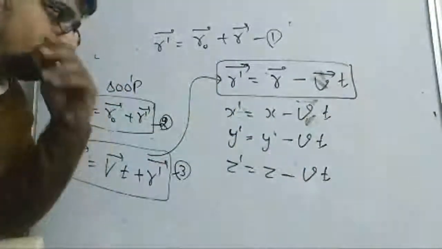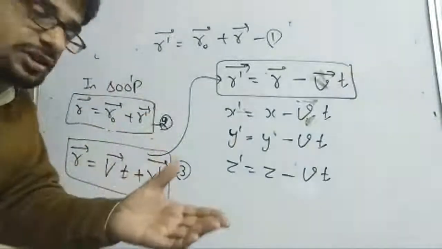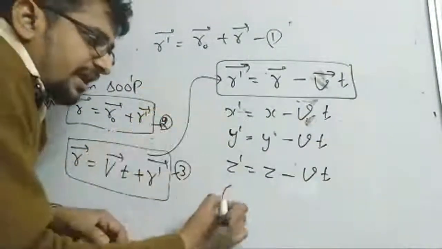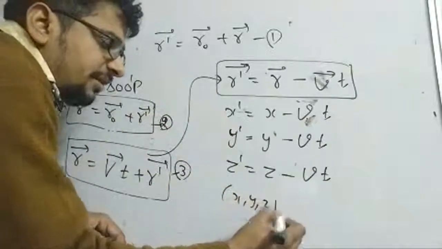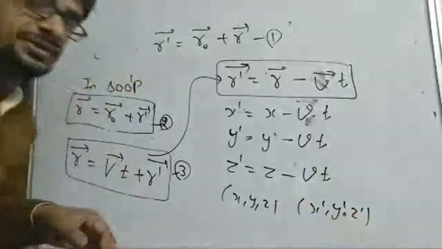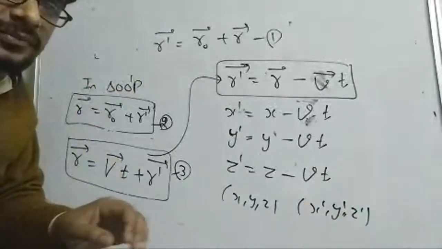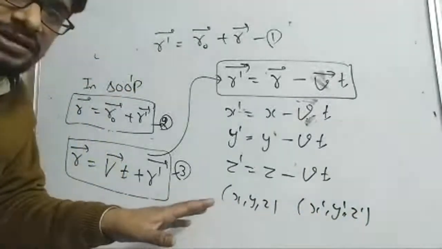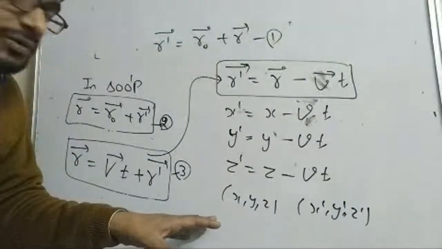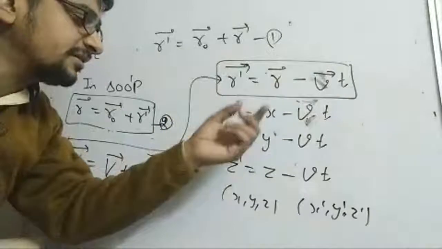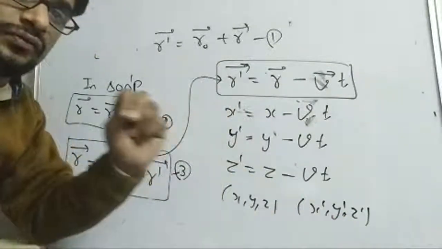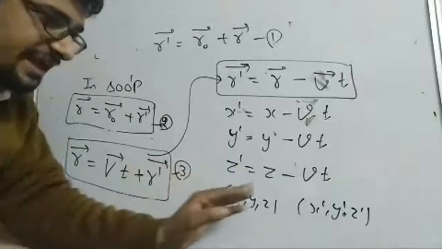But in numericals, during one dimensional motion, you will find the coordinate system between x y z and x dash y dash and z dash. Okay, got my point or not, Hitakshi? Because this equation represents the relationship between the coordinate system of the two frames of reference S and S dash.